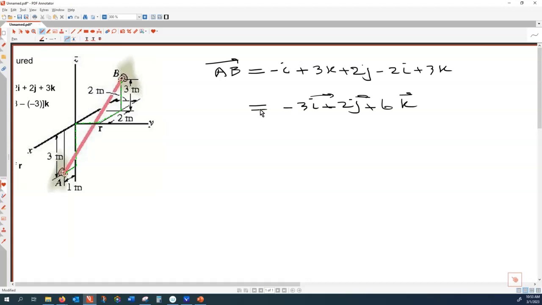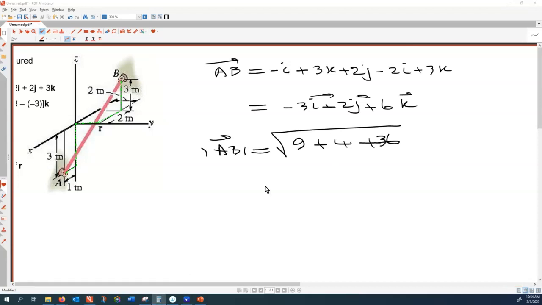How do I find its unit vector? The unit vector, I have to normalize it, and that is AB, the magnitude. That is root of 9 plus 4 plus 36. Yes, thank you for that. All right, and then you have a calculator, that is 49, the root is 7.